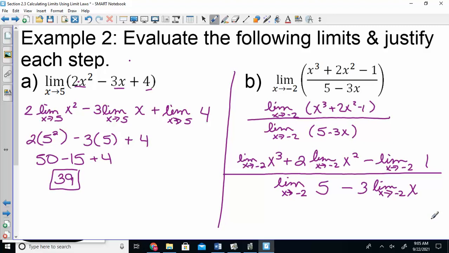I had to write that limit 5 times for this limit law. Now we can use the laws to evaluate each of these.